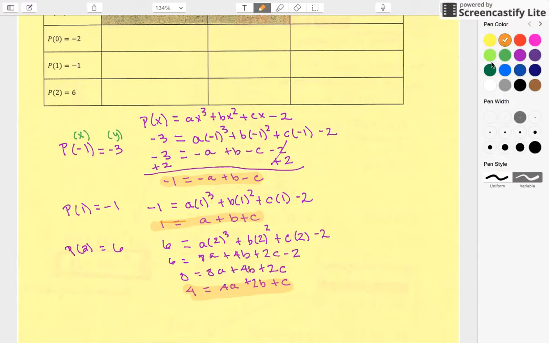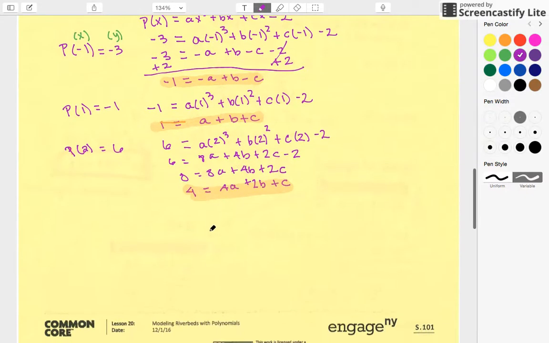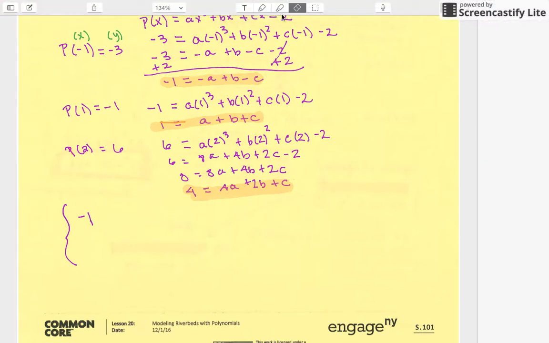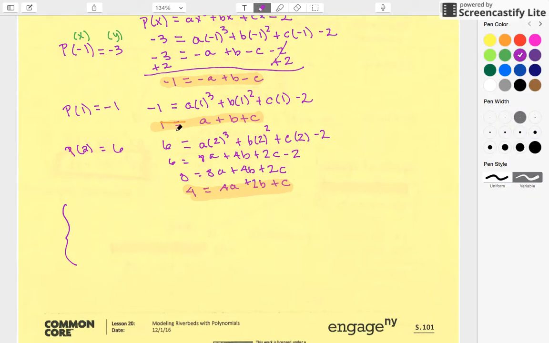Okay, great. So we're going to set up a system of equations, or 3 equations. The way you would set this up is you would draw the little brackets here. I'm going to write the equal sign on the other side.